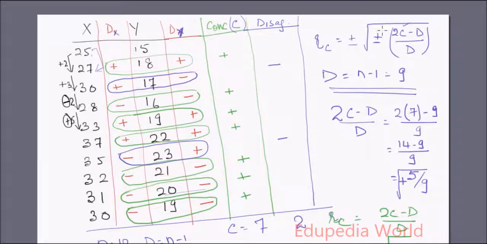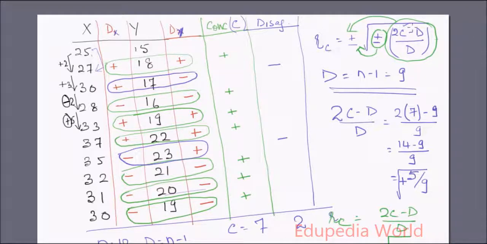So whatever sign you get here for this value, the same is taken for RC. But while taking the root, we do not consider the sign. Is that clear? So do not consider the sign while taking the root, but whatever sign you get in the calculation of 2C minus D is the actual sign which is to be taken outside, and that will be the value of RC.